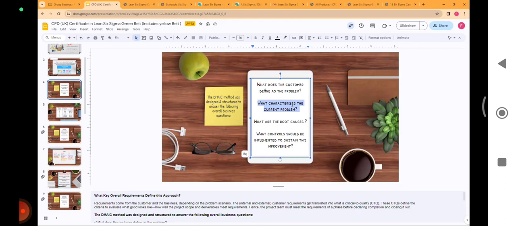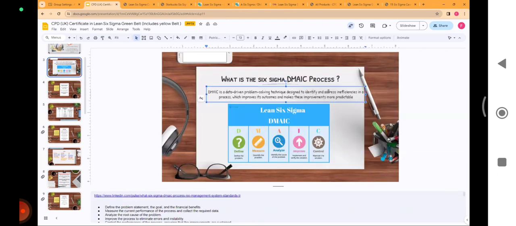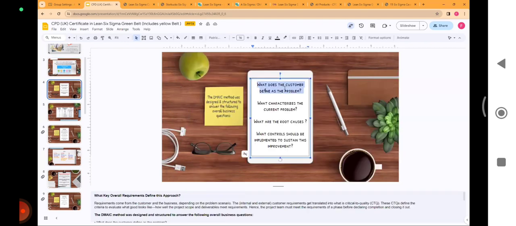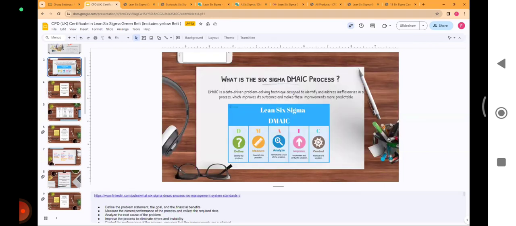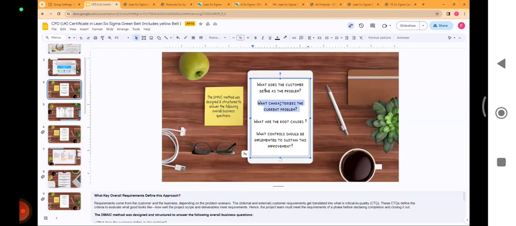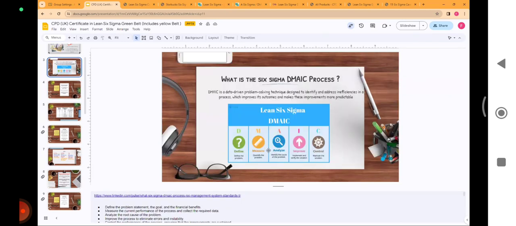Okay, so now at the end of the measurement phase, those are the characteristics of the current problem. As part of what we are doing here, we are identifying and addressing inefficiencies in a process. So we started off by defining the problem. That means we determined what the customer defines as the problem. We also quantified this problem, that means the characteristics of that problem. And now we are going to the analyze phase. We want to identify the cause of the problem.